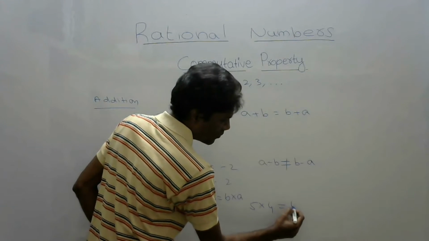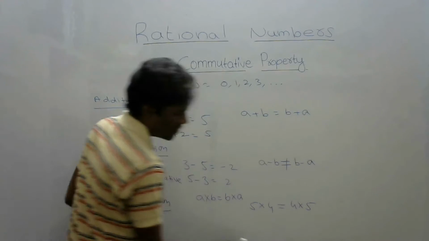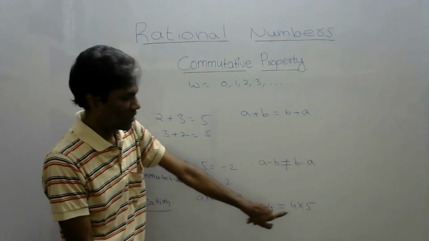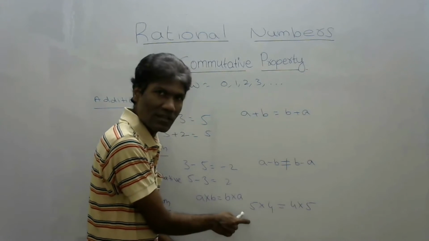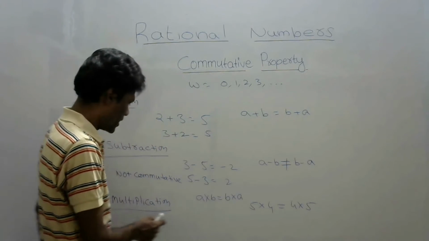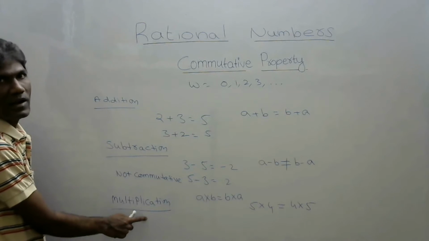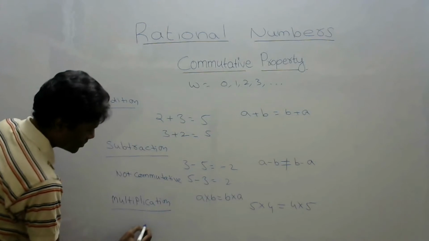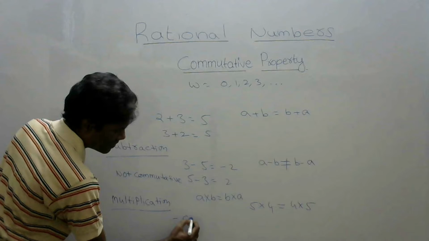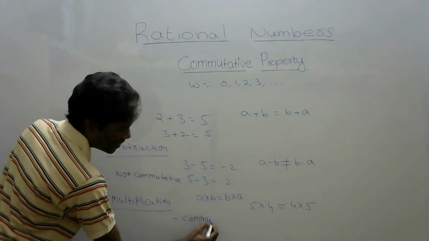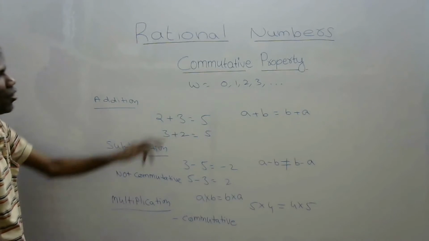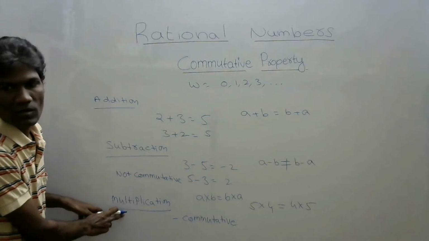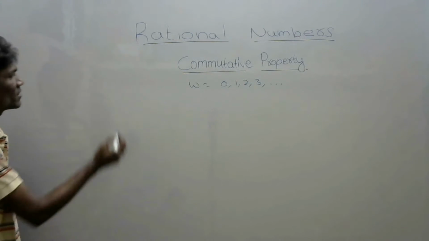Is it equal to 4 into 5? 5 4s are 20. 4 5s are 20. Are these equal? Yes. So, it is commutative with respect to multiplication.